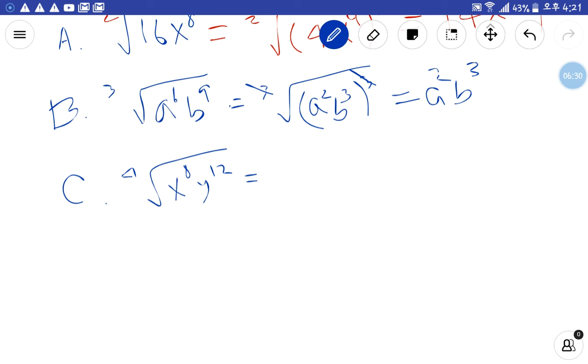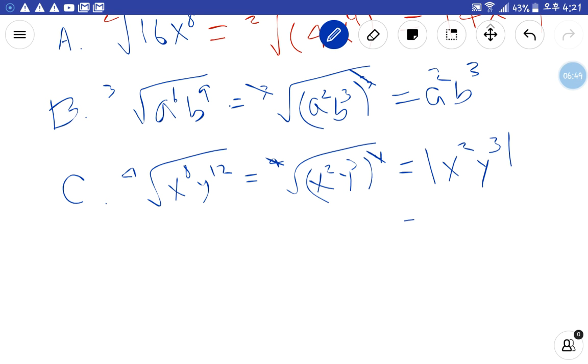What do you need to put in? You need to put the absolute value around it. So now, I can rewrite it as x squared y cubed, all to the 4th power, right? This 4 and 4 cancel, but I need absolute value around it. And look, in what situation do we omit the absolute value? Whenever we are having non-negative. So which will be non-negative?